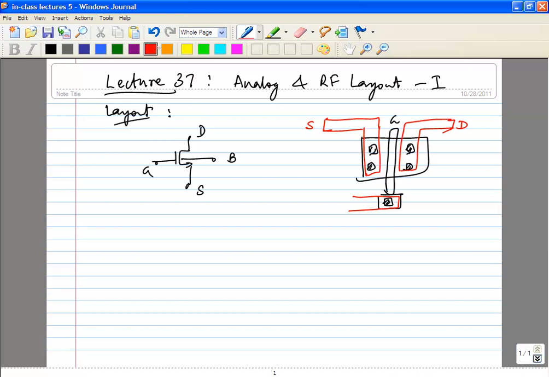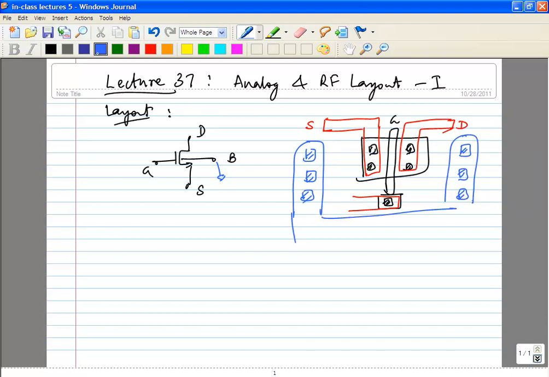How about the bulk? The bulk is the surrounding area. Typically, for an NMOS, the bulk is connected to ground. So what you need to do is put in contacts and connect it physically to ground.